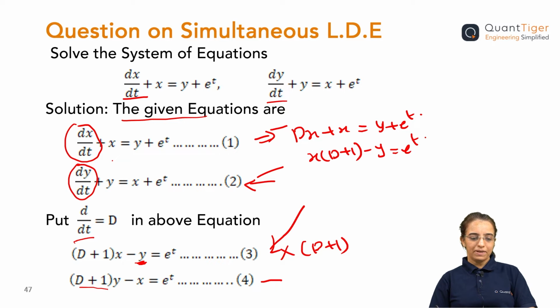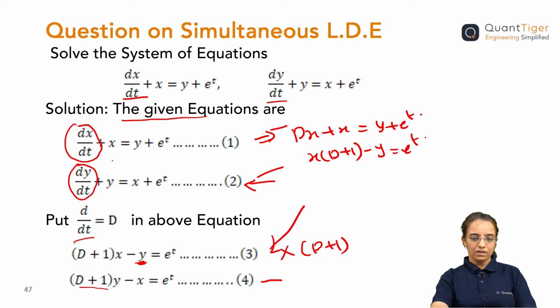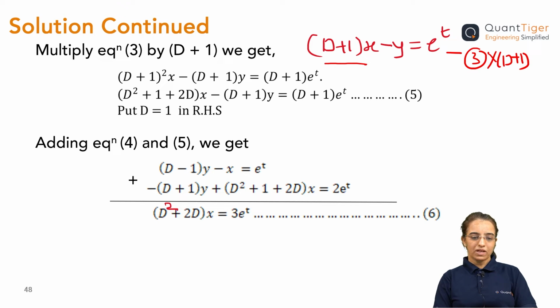The equation after multiplying with D plus 1 will be something like this. I have written equation 3 as it is here for your reference. Now if I multiply this whole equation with D plus 1, the first term will get (D plus 1) squared along with x. Same thing, I am multiplying the whole equation, so D plus 1 with y, and for the RHS also D plus 1 will come here.